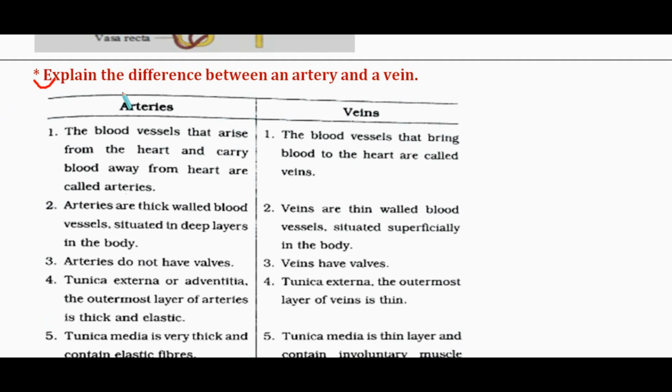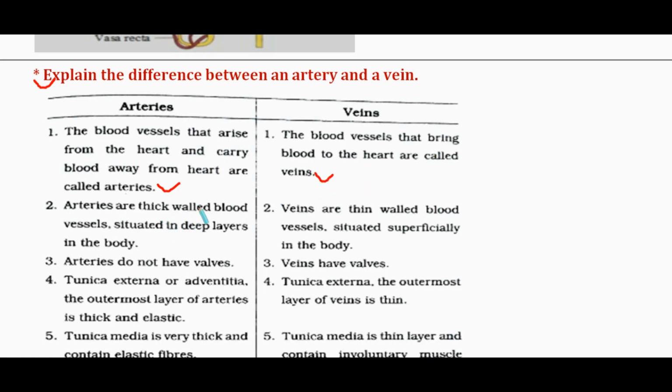Now the question: explain the difference between an artery and a vein. There are many differences, but for 4 marks you can write 4 differences. Now see the differences. The blood vessels that arise from the heart and carry blood away from the heart are called arteries. The blood vessels that bring blood to the heart are called veins.